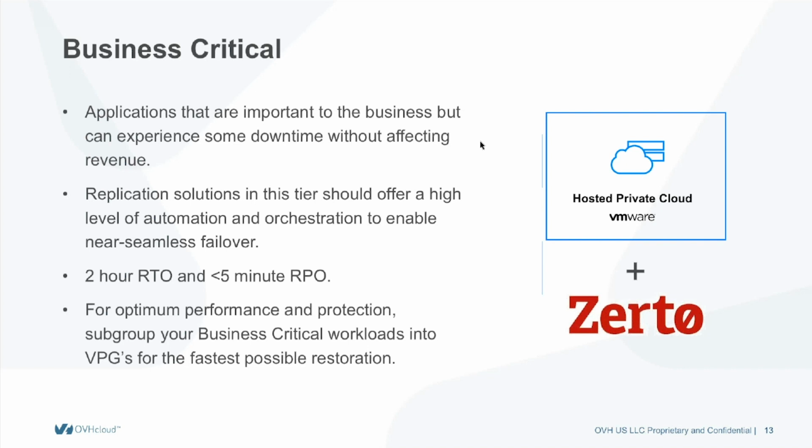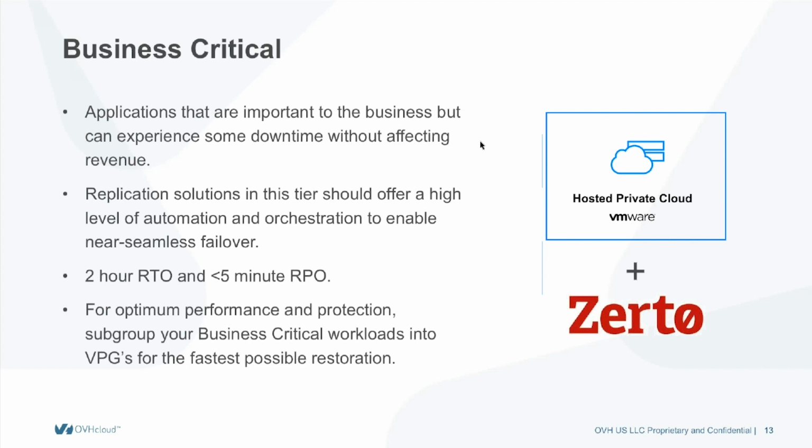In terms of the SLAs that OVH supports, generally speaking, at the highest level, we target about a two-hour RTO and a recovery point objective of 5 minutes or less. Here, we apply Zerto. This is our premium solution. This gives us everything I described. Zerto has automation and orchestration and a near seamless failover.